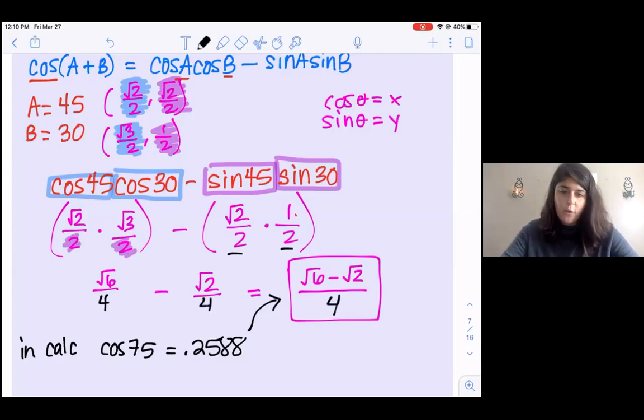So now when I retype that into the calculator and do divided by 4, I get my 0.2588. So that's a really good way to check your answers. As you can see, I made a very simple mistake and it's very easy to do that. Okay, so let's do the next problem.